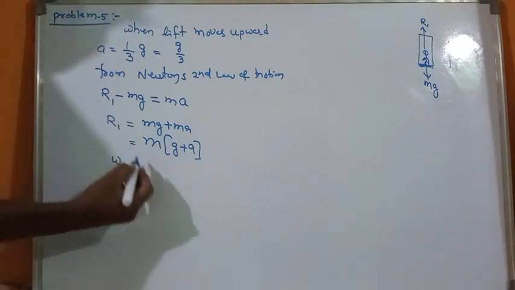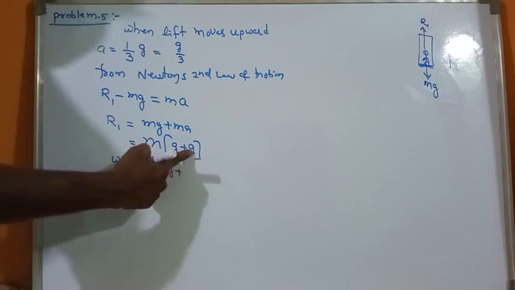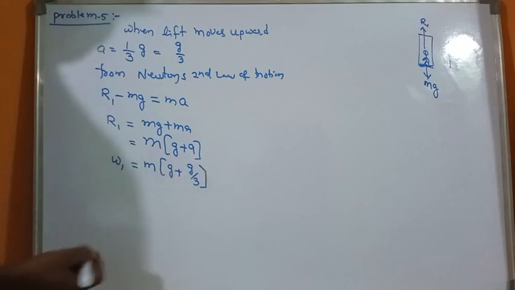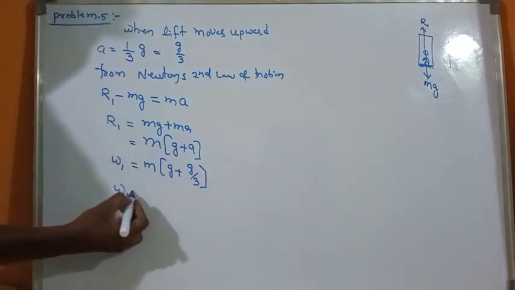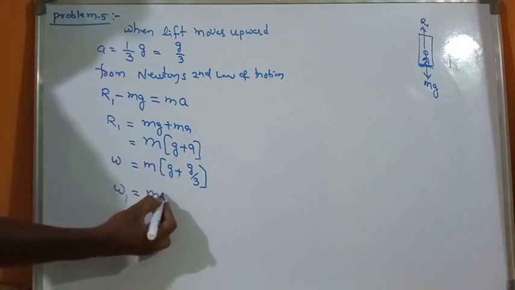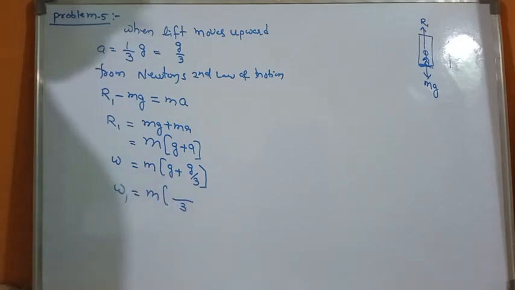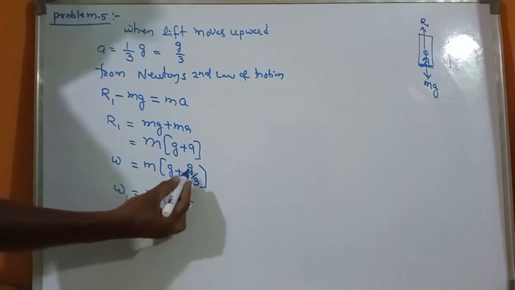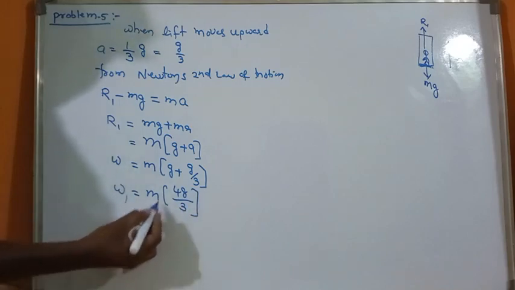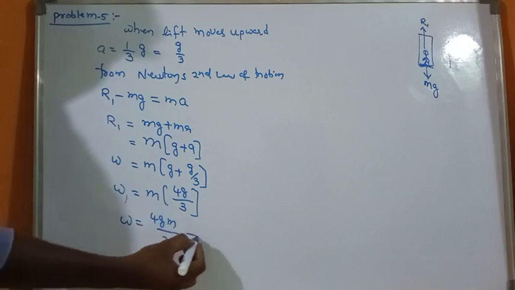So W is equal to m of g plus a, and a is given here as g by 3. Taking 3 as the LCM, 3g plus 1g is 4g. So W is equal to 4gm by 3. This is equation number 1.